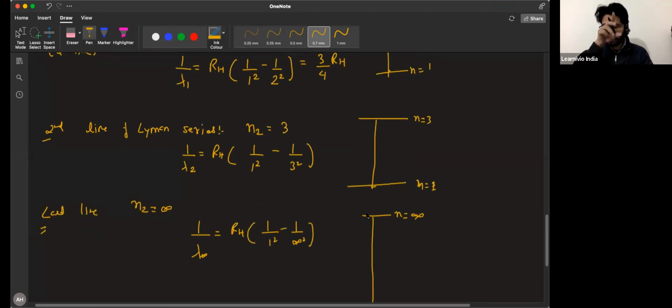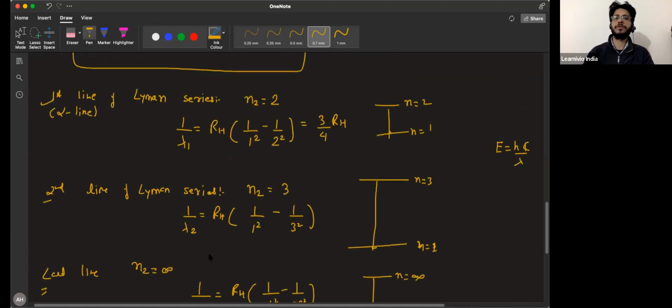When the energy difference is maximum, the wavelength will be minimum. You can write energy as hc/λ, so energy and wavelength are inversely proportional. So in this particular line, the wavelength is λ minimum, because the energy difference is maximum. Here the energy difference is minimum, like 2 to 1, so the wavelength is maximum.